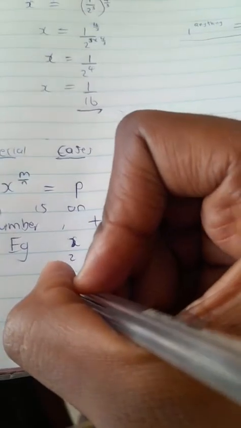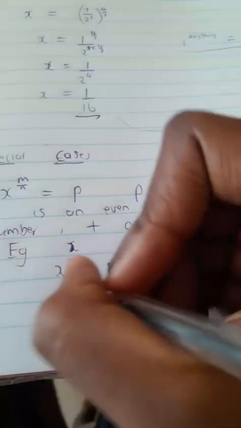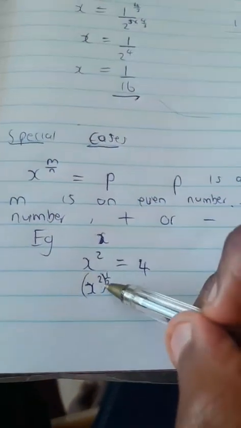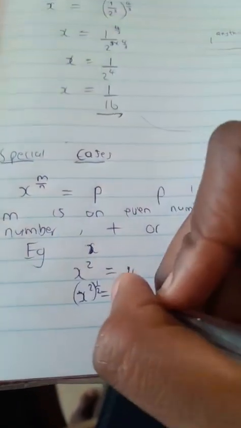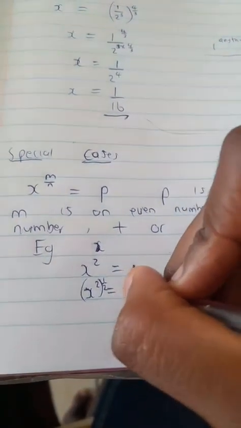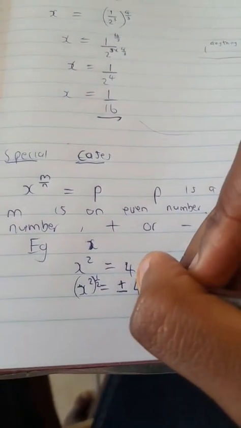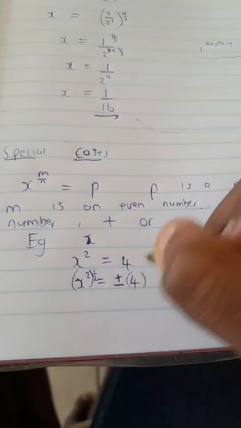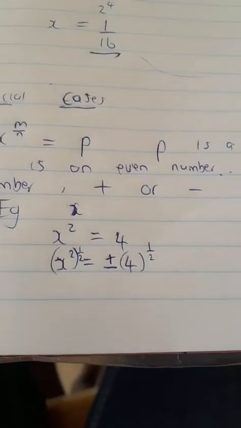We would take the reciprocal of 2, which is 1 over 2. But we would say plus or minus 4, and then with that plus or minus 4, we'd go ahead and take the reciprocal, half.